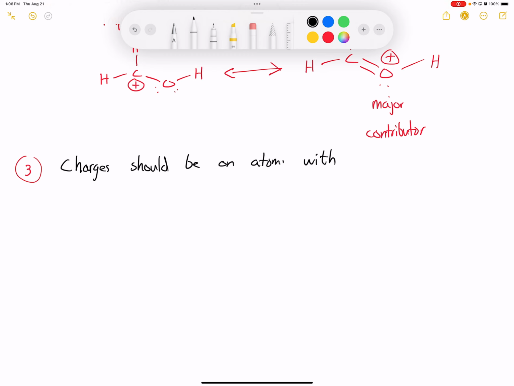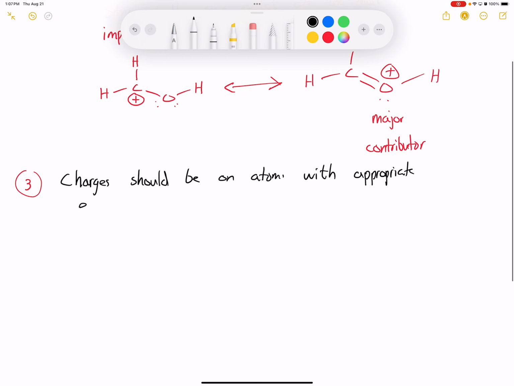Things with higher electronegativity, you should put the negative charge on those atoms, because it likes the negative charge. And things that are less electronegative prefer positive charge. I'll give you an example. I might abbreviate electronegativity from now on as EN, just because it's a mouthful to say and write out.